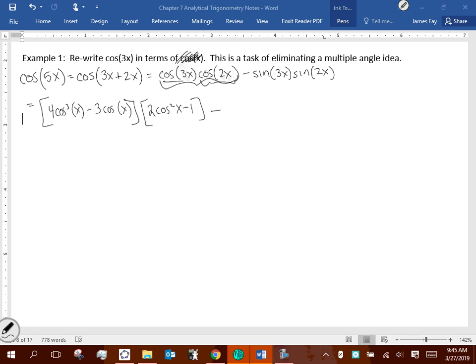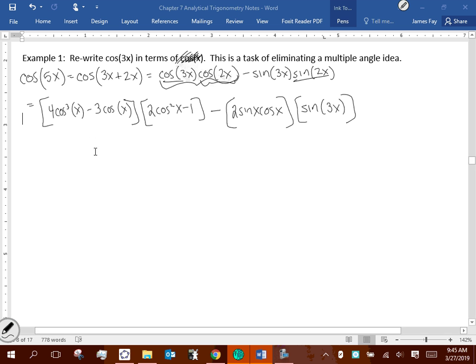Now, I'm going to do this one first. So this would be minus 2 sine x cosine x, right? And then times sine of 3x. Now here's what stinks about having 6x or 7x or 8x inside my argument.